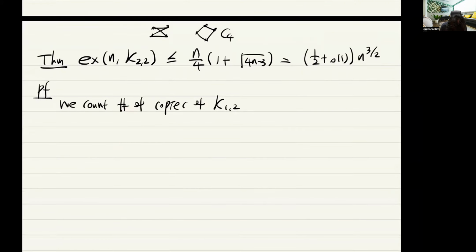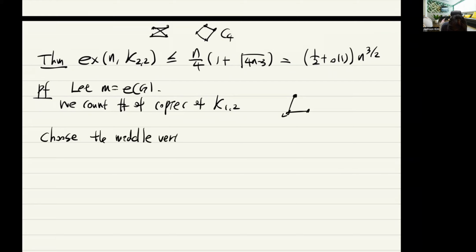Okay, so how does this look? K_{1,2} has this middle vertex. So how do we choose? Let's say m is the number of edges. We choose the middle vertex first, and we count the choices of the other two.